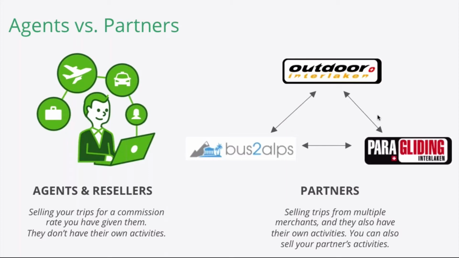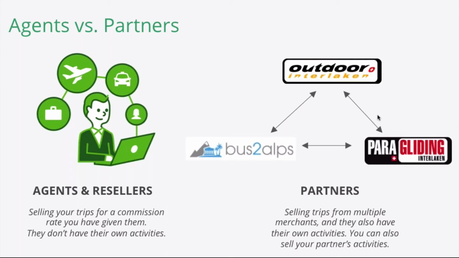When it comes to partners, which I will not go in depth with now, we will have a separate webinar for this, the main difference is that they have multiple merchants that they can sell for. Multiple merchants are selling on each other's behalf. So this is a partnership between you and another company.